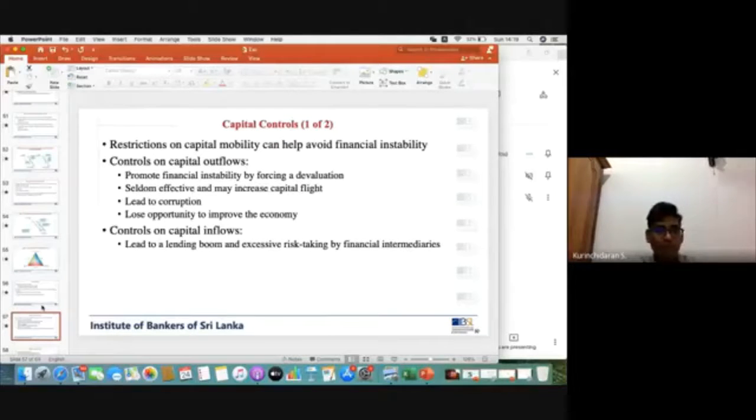Now, as I said, capital controls. We can have capital controls, but that also may bring problems. If you control capital outflow, you will have devaluation, and that promotes financial instability.